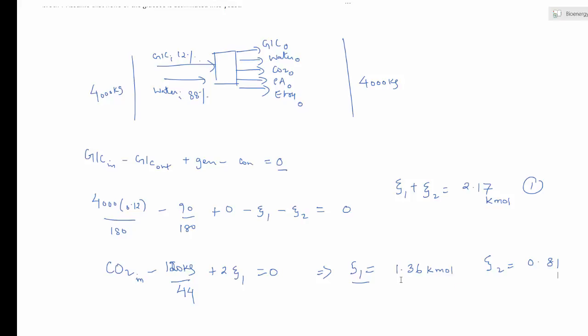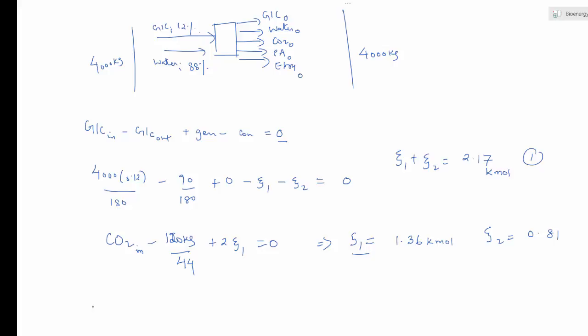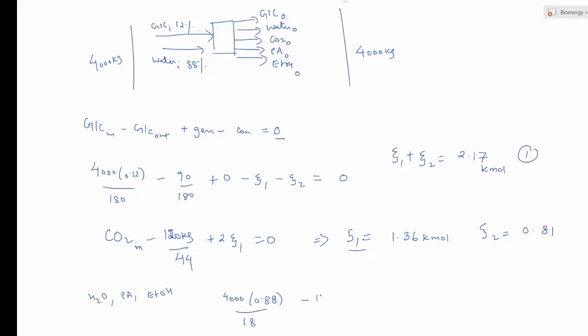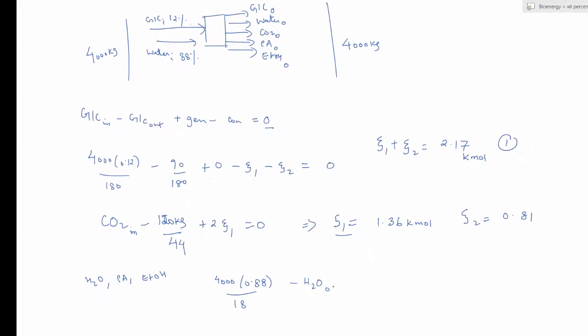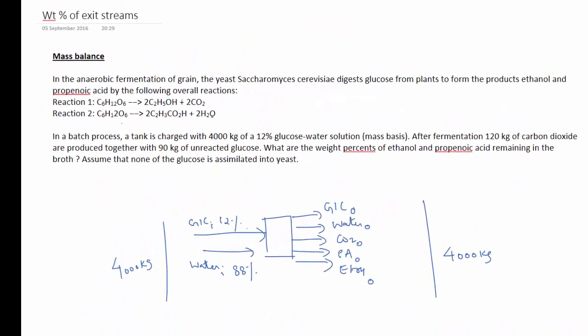And similarly, we can write 3 other balances, one for water, one for propionic acid, and another one for ethanol. So the water, it's coming in, which is 4,000 times 0.88 divided by 18. That's going to be the moles of water coming in, and it's going out, which we don't know how much it is, and it's generated through the second reaction.